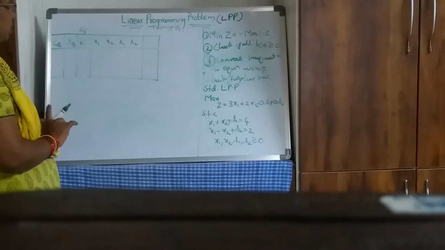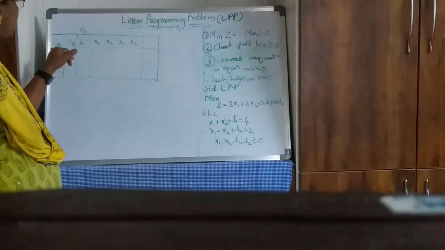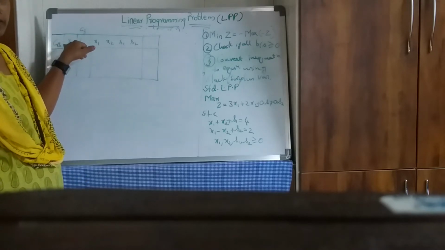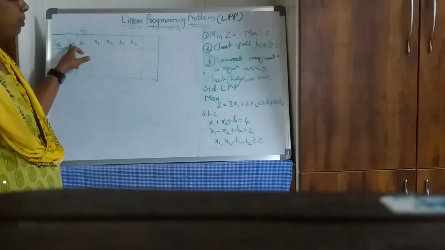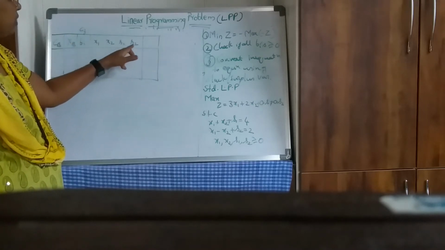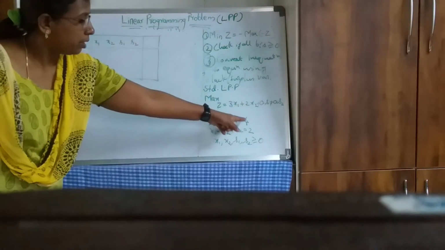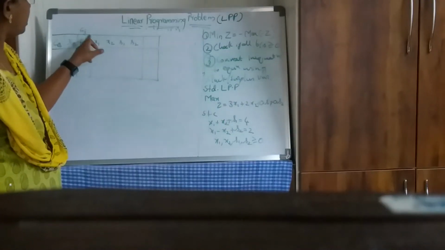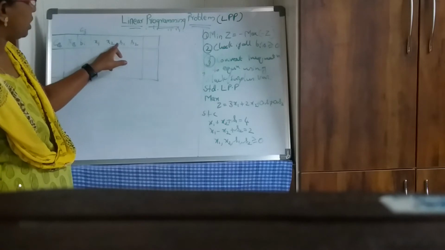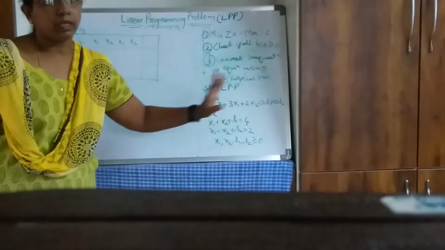Now what are CB, XB, BI? CB is the cost of the basic variables. XB is the basic variables. For x1, x2, s1, s2, you have to write their coefficients here. BI is the right hand side values. CJ are the costs associated with these variables, the values you have in the objective function.